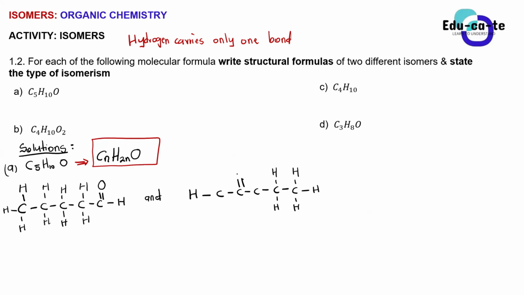You can put it here, and there's a hydrogen, a hydrogen, a hydrogen. This is one of the possible combinations that you can have. These two, pentanal and 2-pentanone, are functional isomers, because they also state the type of isomerism.